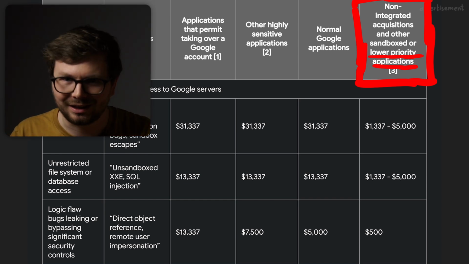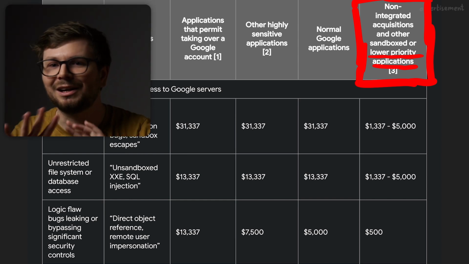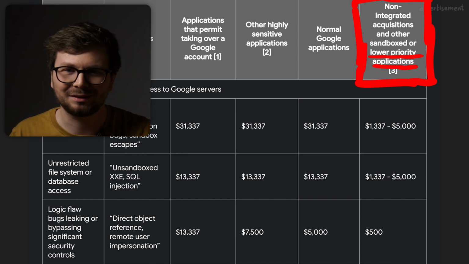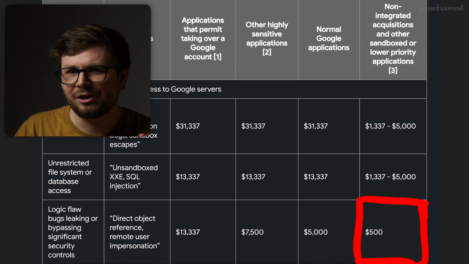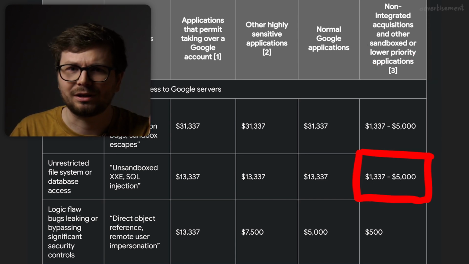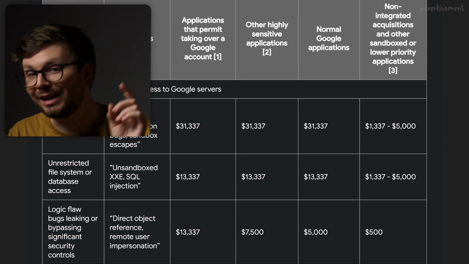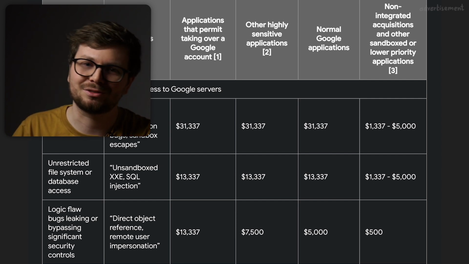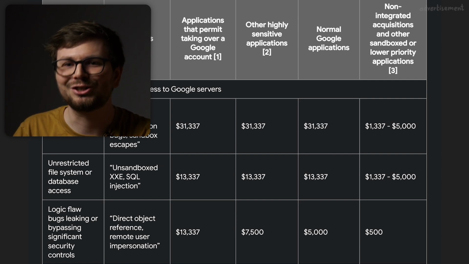A photo editing app is probably not a critical Google app like Gmail. So either it's $500 or $1,337. And he later told me he got the $1,337. Good job, Sergey.